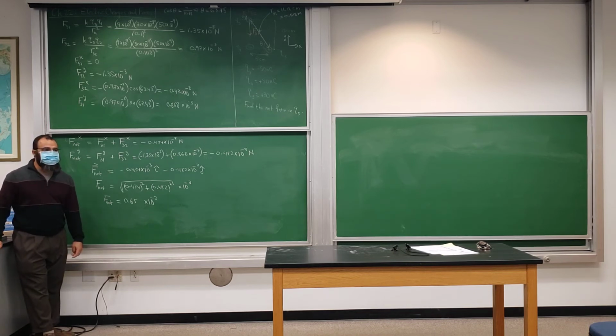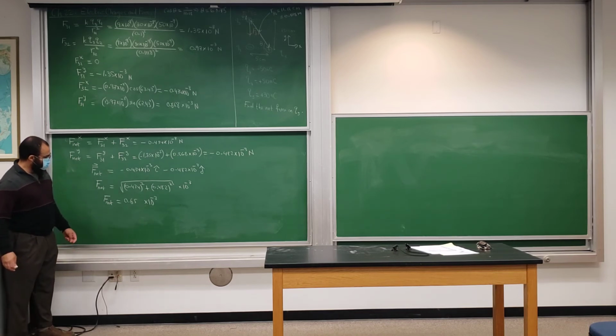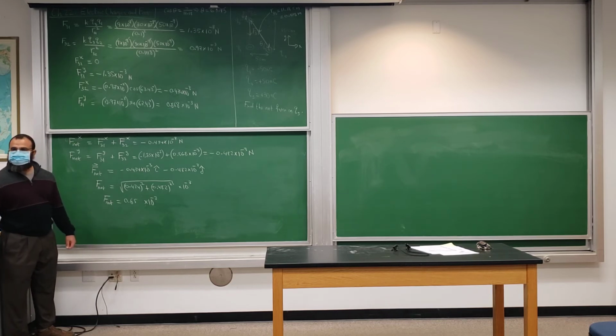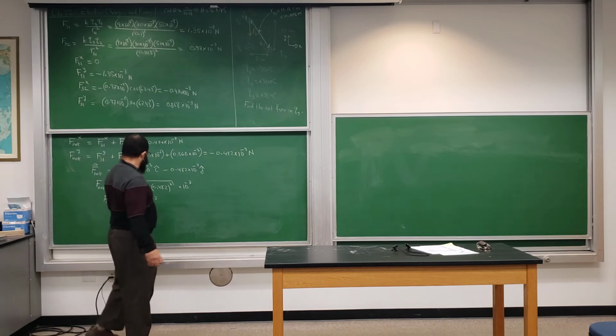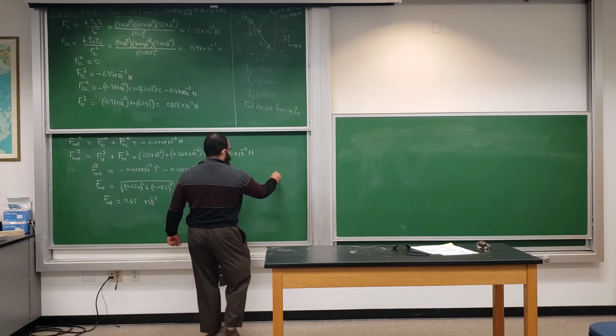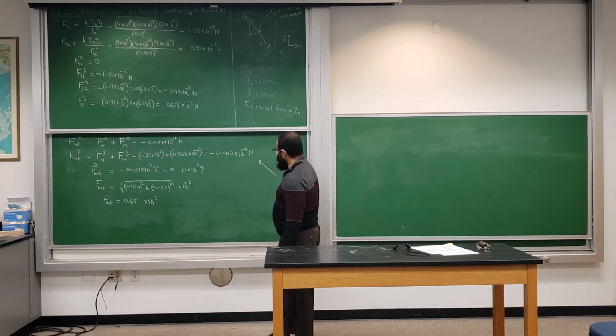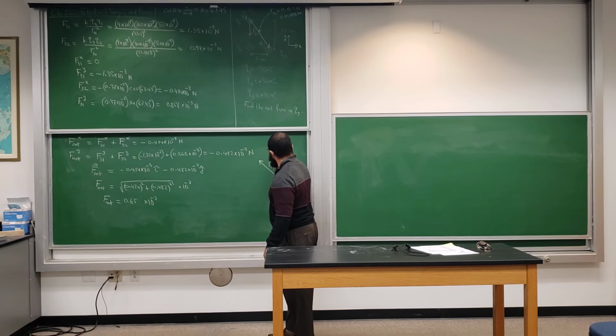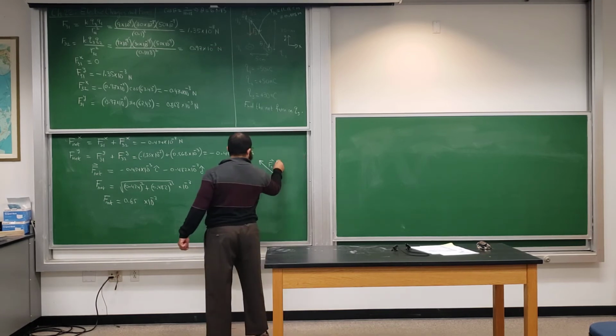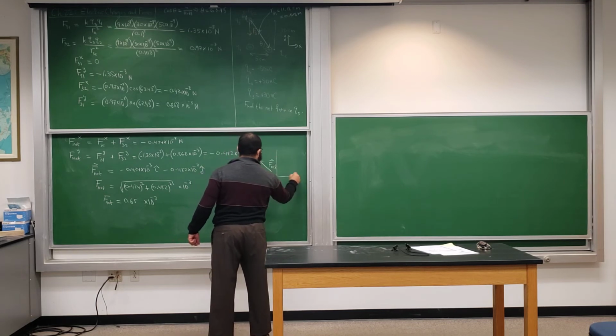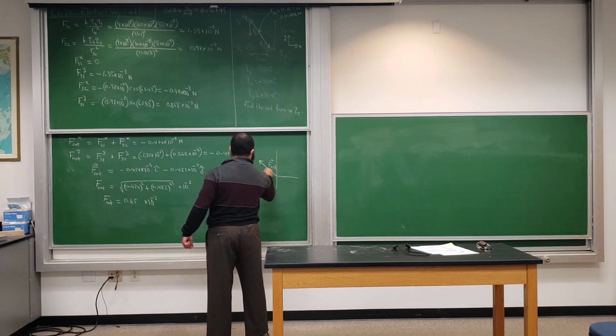And so that's the force. Now what angle does it make? The force points this way, right? The net force points that way, so it makes this angle phi here.